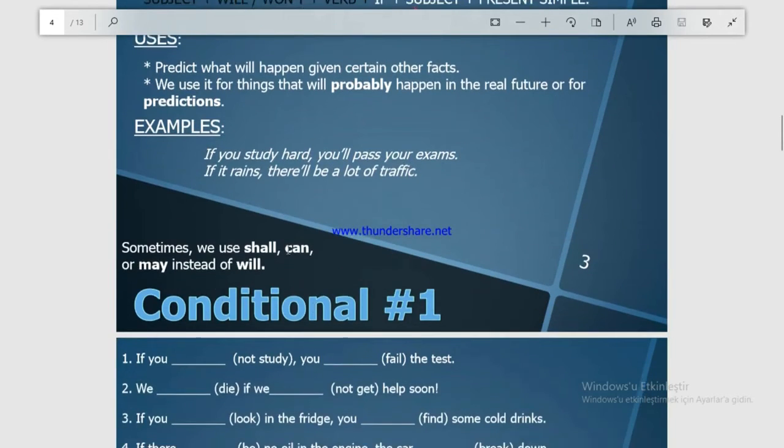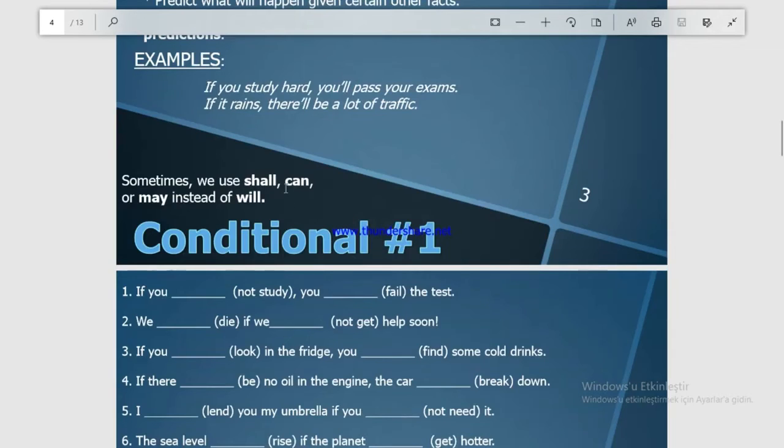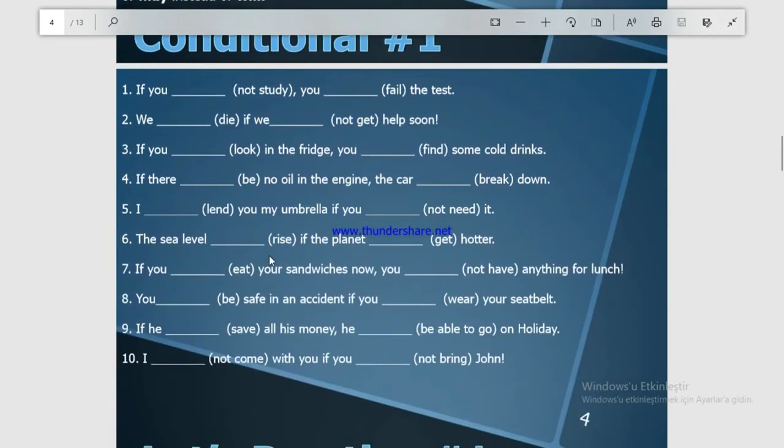So sometimes we use shall, can, or may instead of will. Please try to use all of them while doing the activities over here. I'm going to give you some time. Please get a pen and a piece of paper.